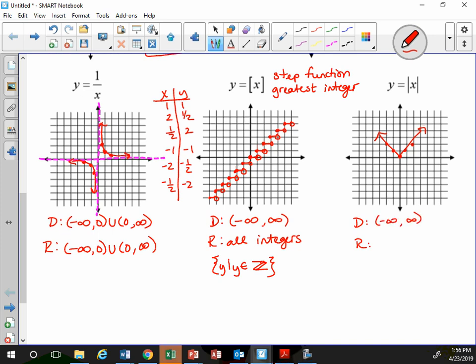The range is 0 to infinity, yes, with the brackets. All right, guys, so those are the parent graphs, meaning those are the graphs you should be starting with, and then we're going to graph whatever equation we have using transformation of the parent graph, okay?